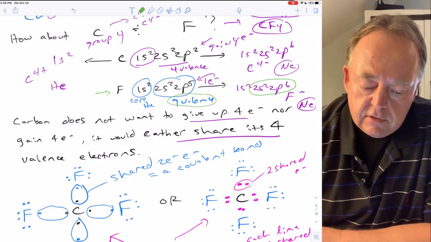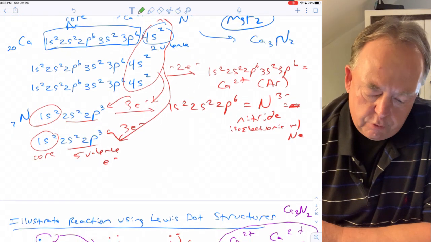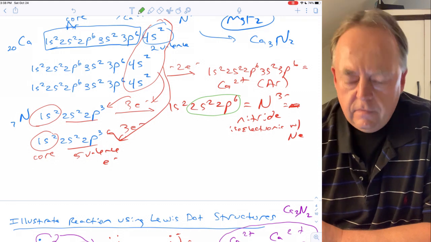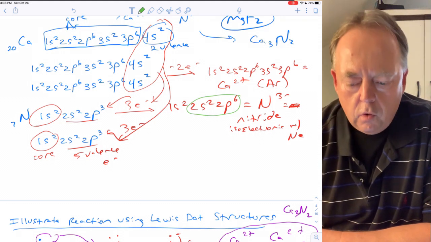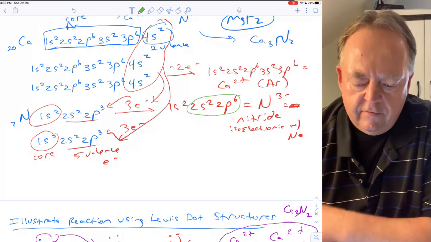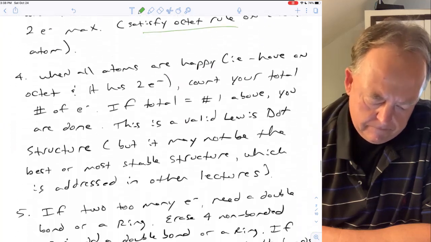So that's the basis for this. Same with nitrogen. If nitrogen picks up 3 electrons, then now it has 8 in its valence shell. Right, so you're trying to satisfy the octet rule. Basically, you're trying to give the atom an electron configuration of a noble gas.